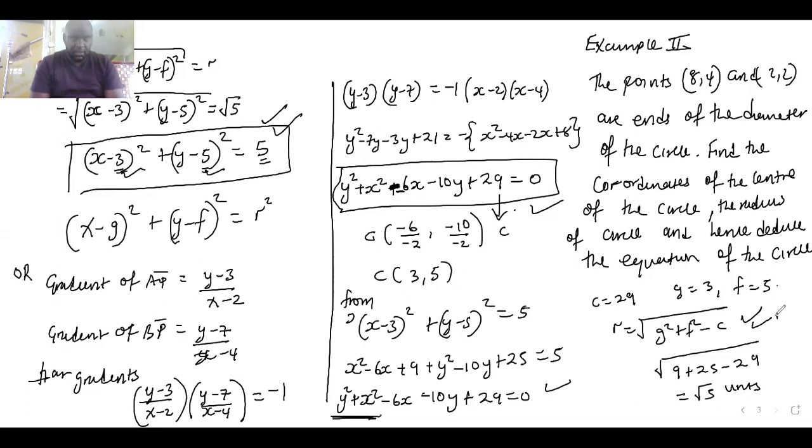Excuse me, sir. Yes, please. I have y squared plus x squared minus 6y minus 10x plus 24 is equal to 0. Very correct. Which method have you used? Gradients or variable point? Gradients. Okay, gradients, no problem.